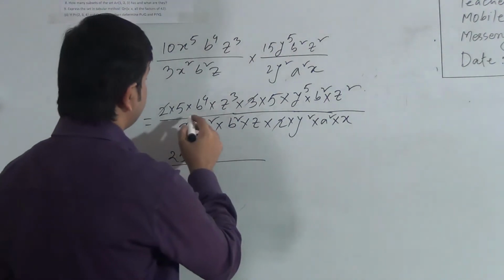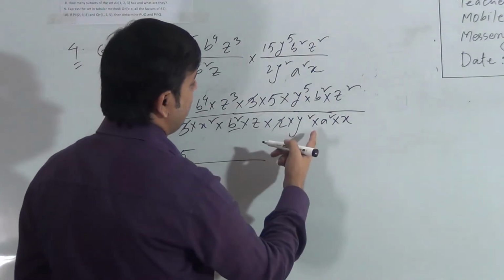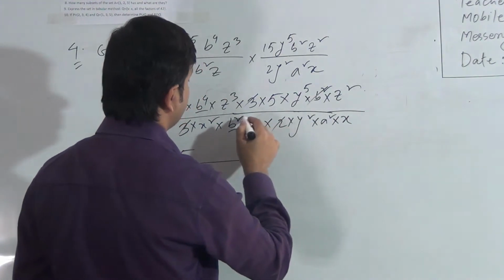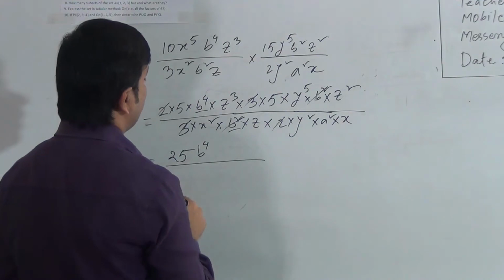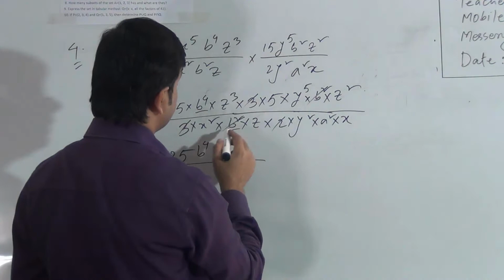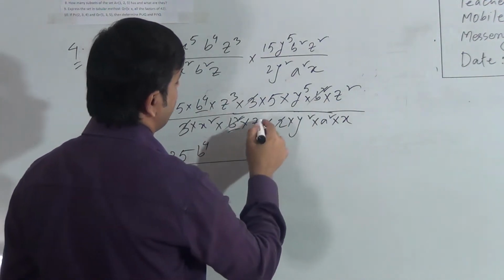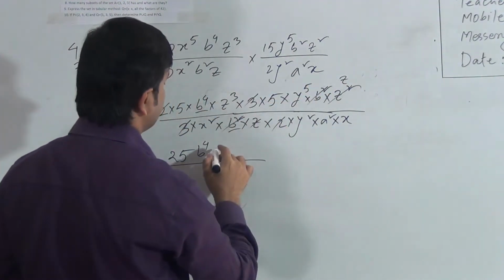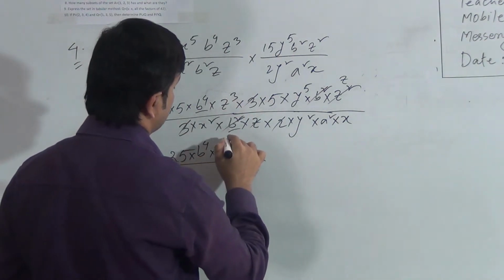Now b to the power 4 here, and b square in the denominator, so if we cut b square, b to the power 4 remains. Then z cube here and z square here, also z square; if we cut z square, z remains, so we can write z to the power 4.